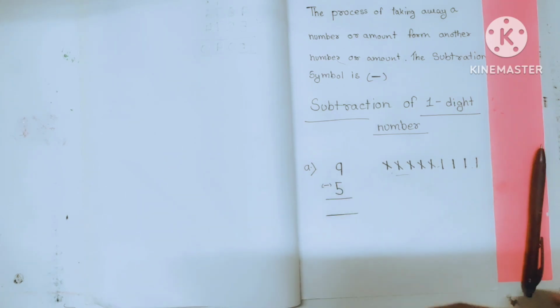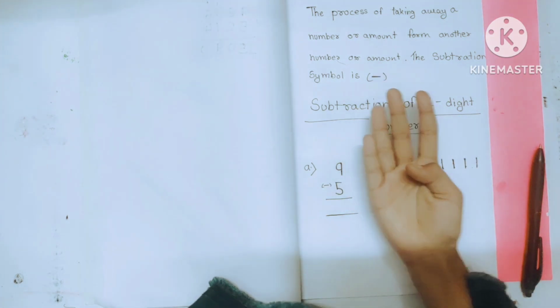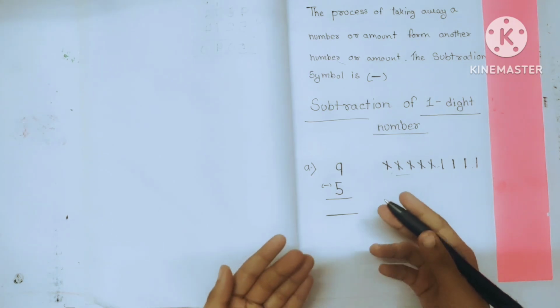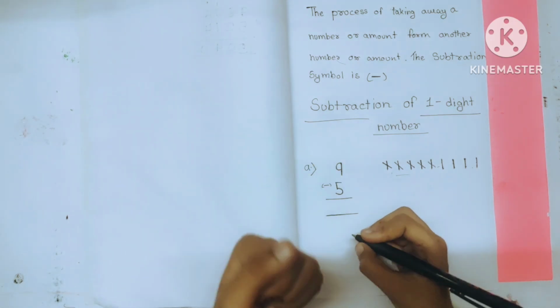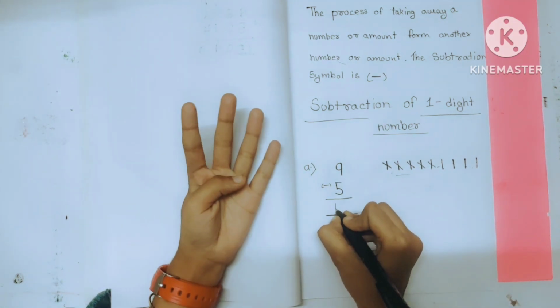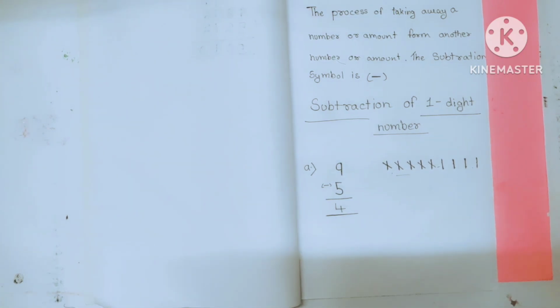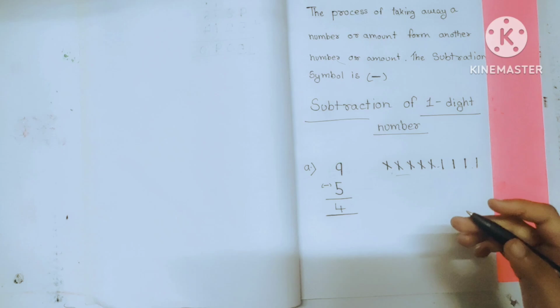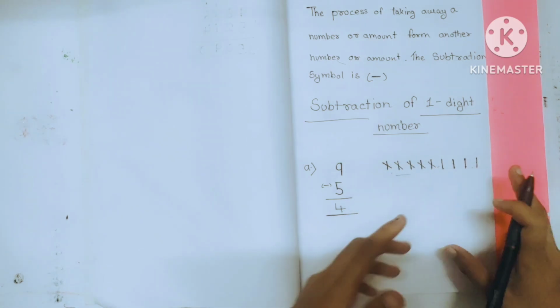How many lines are left? 4 lines. So, 9 subtracted by 5 equals 4. That's how we did this one-digit number with these lines.